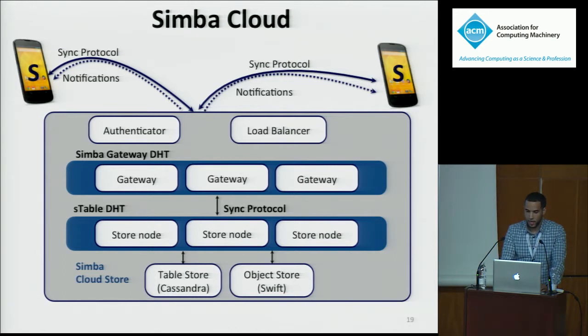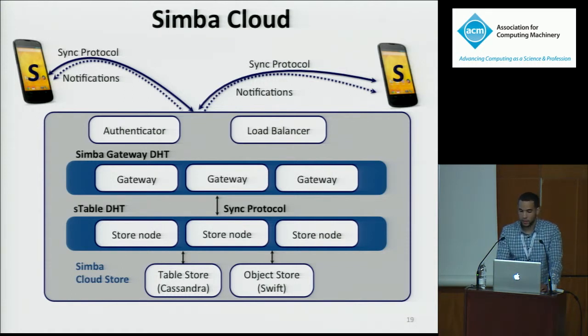Zooming into the cloud, as expected, we've built a scalable architecture which is capable of managing multiple clients and multiple tables across two different distributed hash tables. We have a hash table of gateways, which handles the clients, and a distributed hash table of storage nodes, which handle the tables. Our backend tabular storage is handled by Cassandra, and the object storage is handled by OpenStack Swift.